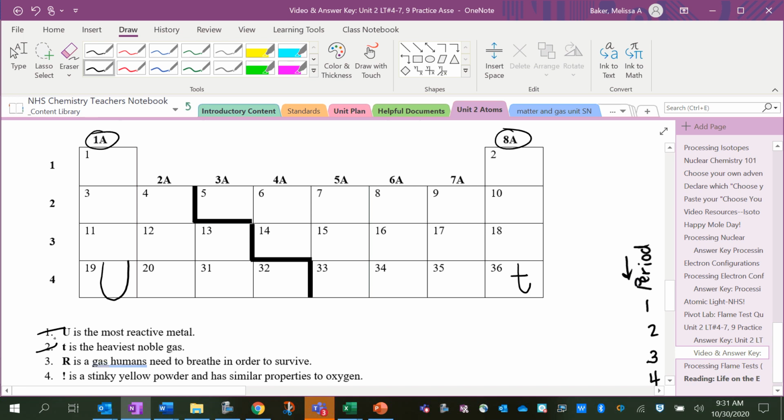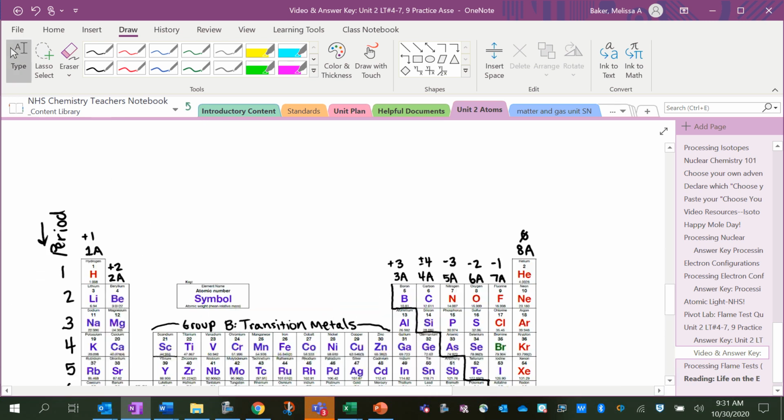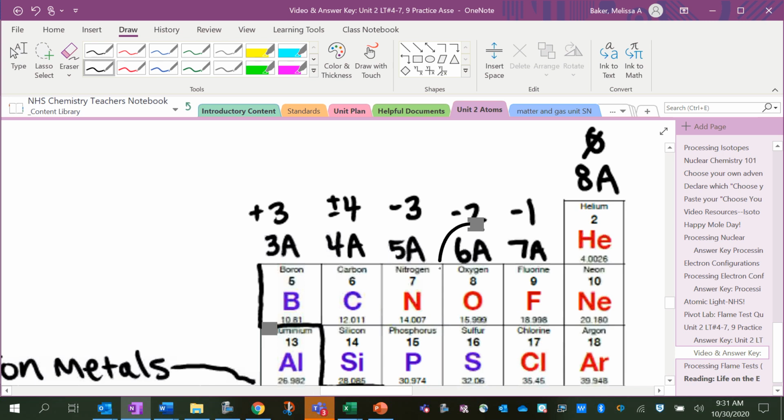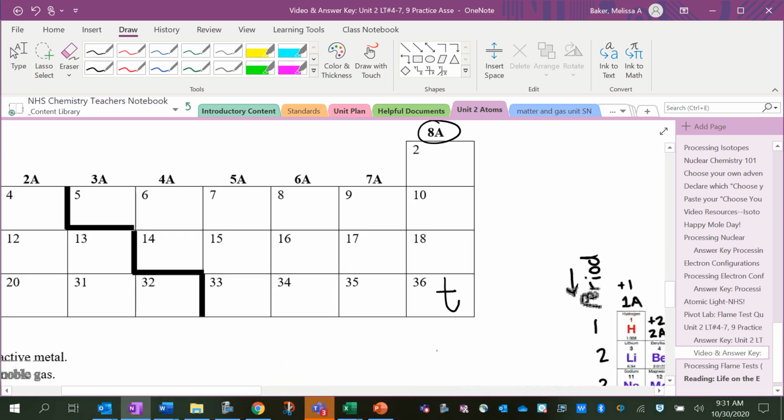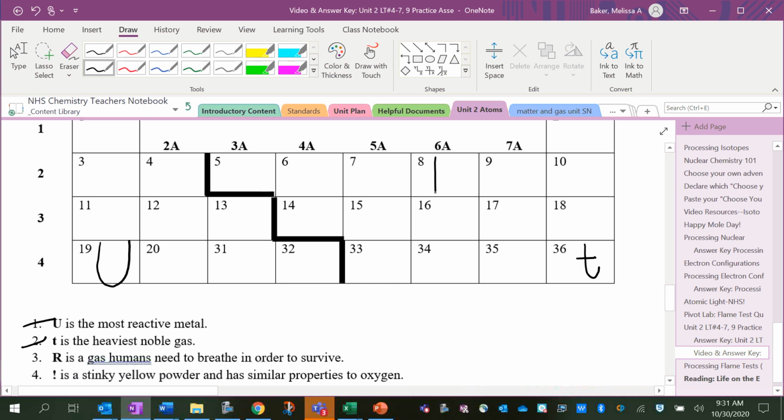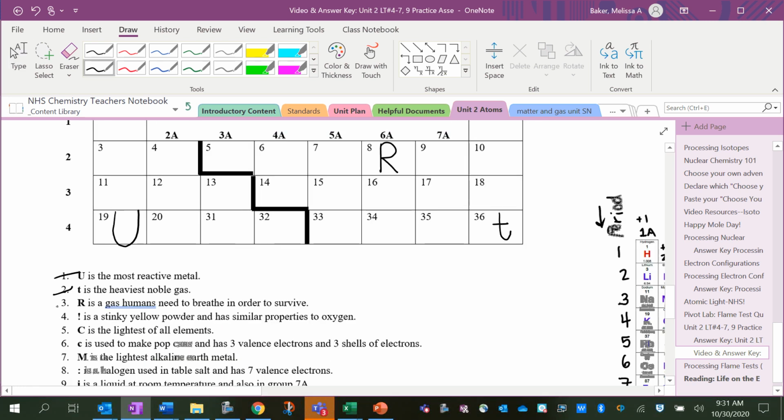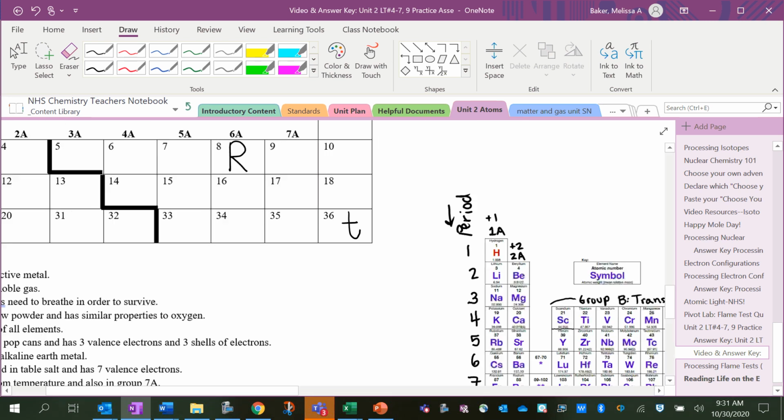R is a gas that humans need in order to survive. That sounds like oxygen. Oxygen is element number 8. It's in group 6A. So we're going to put a capital R in oxygen's spot. Exclamation point is a stinky yellow powder and has similar properties to oxygen.